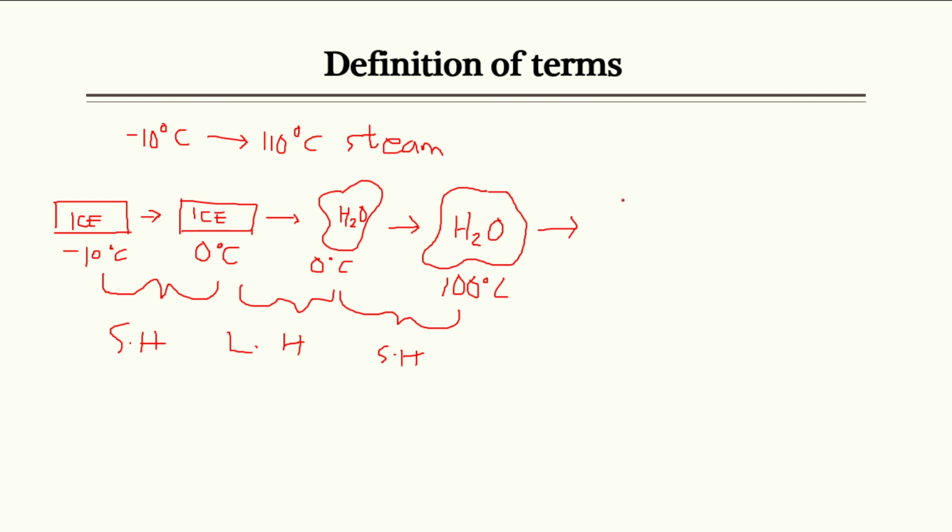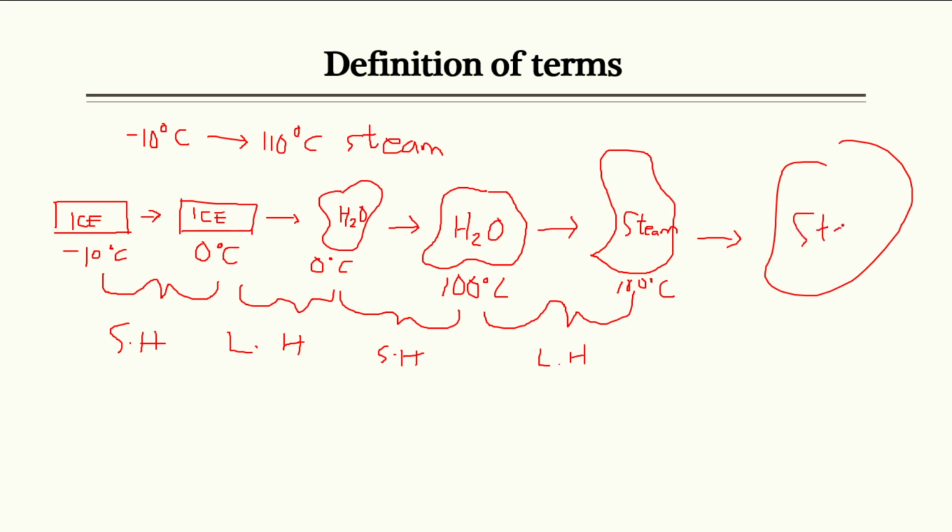So, same lang din kanina, kapag na-convert siya, nag-change phase, hindi mababago yung temperature niya. So, 100 degrees Celsius pa rin yan, steam. From water to steam, ang tawag dyan is latent heat. Then, kapag na-reach niya yung phase na steam, pwede na yan mag-reach ng 110 degrees Celsius. Nabago yung temperature, ang tawag dyan is sensible heat.